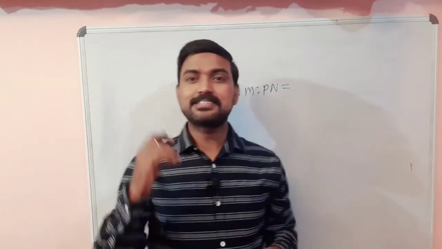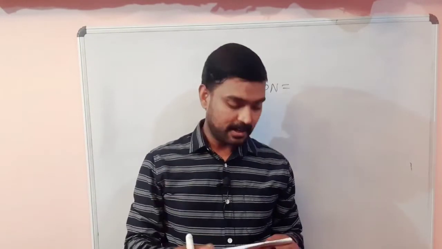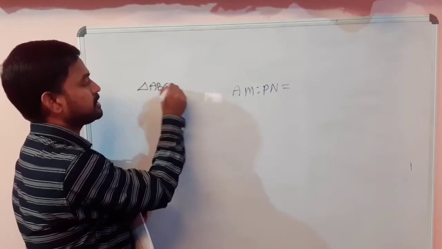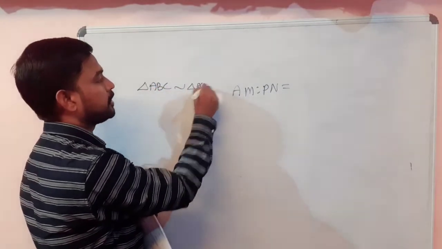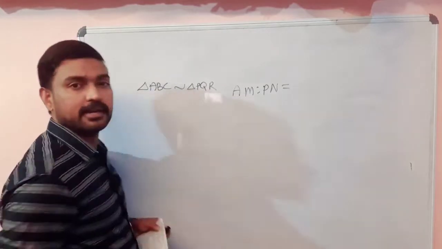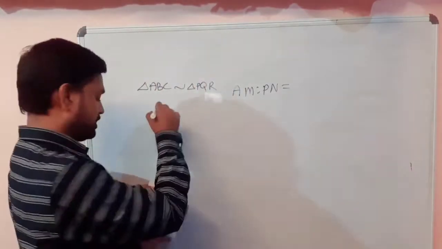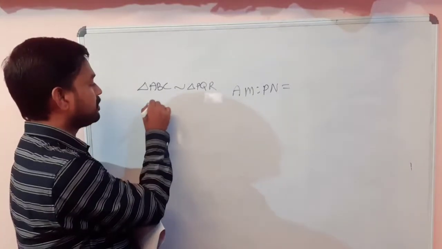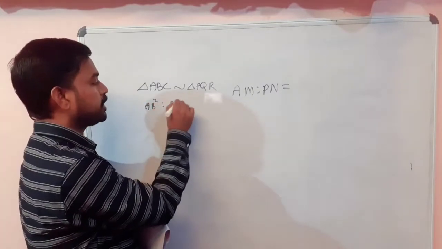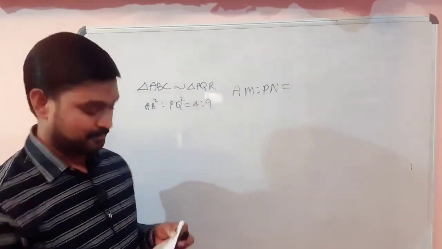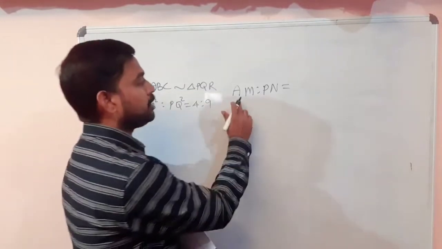So what all the things given in this question that we can identify? Triangle ABC similar to triangle PQR. So there are two triangles which are similar. And also given that AB square is to PQ square is equal to 4:9. So the question is AM is to PN.